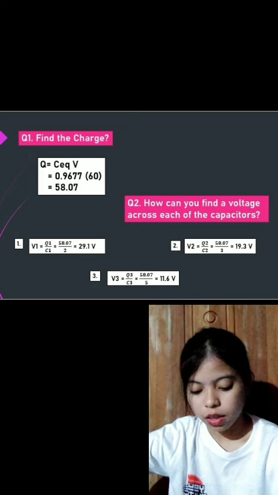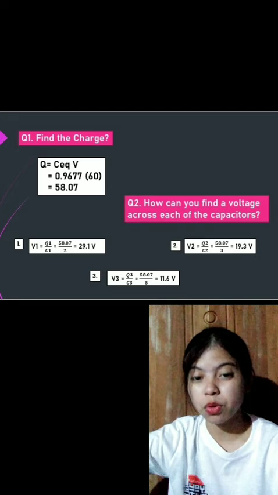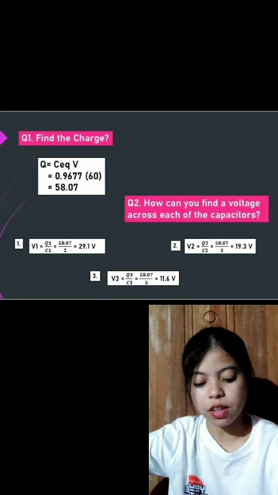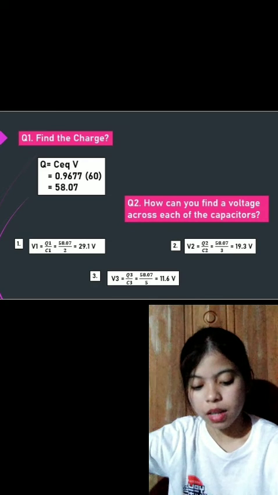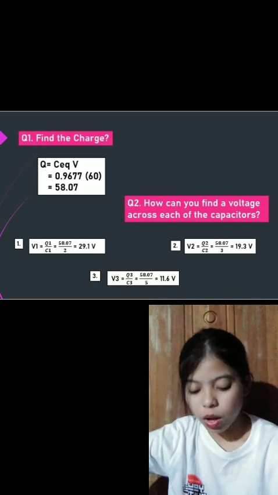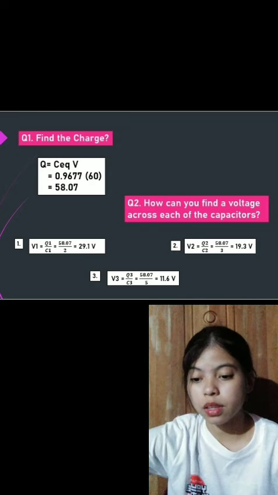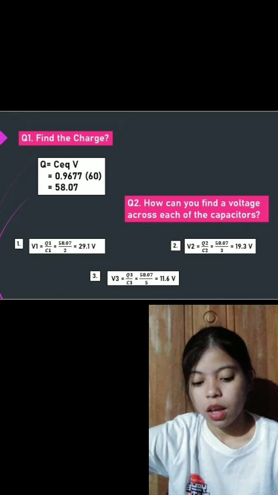Next, the voltage across C2, V2, is going to be Q2 divided by C2. So it's 58.07 divided by 3, and the answer is 19.3 volts.